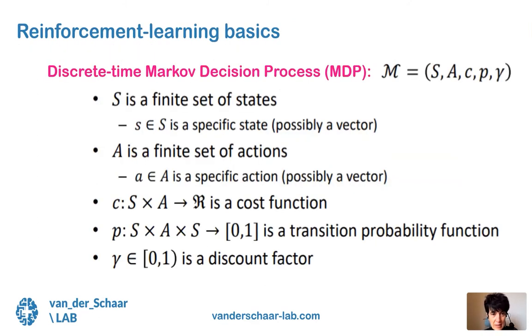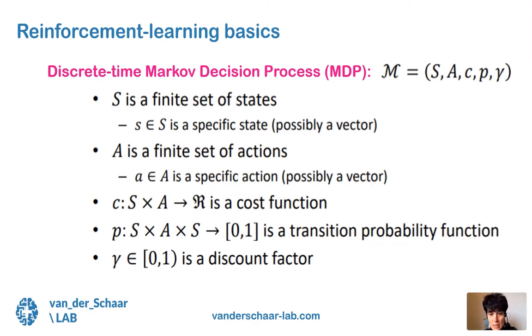So discrete time Markov decision processes, or MDPs for short, are extensions of Markov chains where we have actions and rewards associated with them. So we have S, which is a finite set of states. We have actions which are going to be selected in the different states.